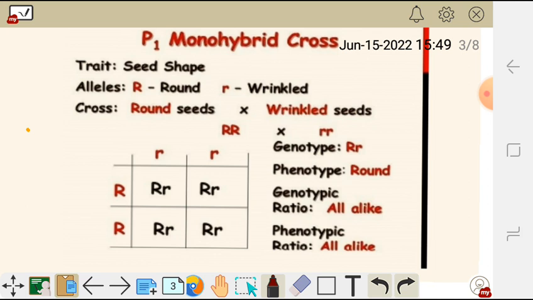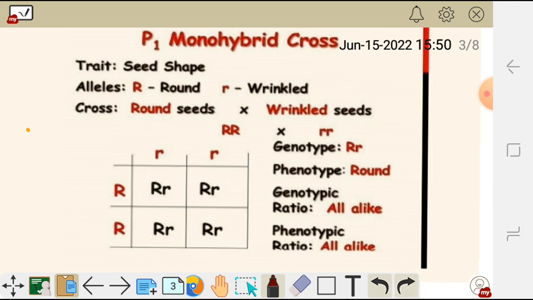So you can see that we all have the same genotype, meaning all these offspring are going to be round. Why? Because this capital letter R is dominant, meaning a recessive, which is small letter r, cannot express itself when a dominant allele is present. So all these offspring are going to be round shaped seeds.